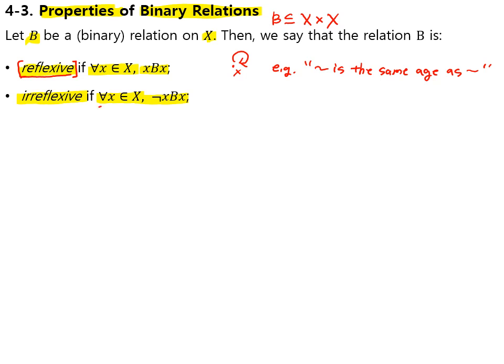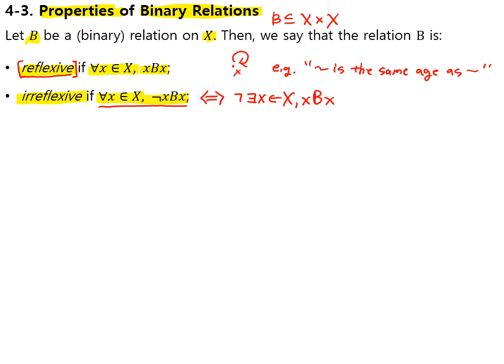For every element, it is not the case that X bears the relation to itself, but as we have seen, this is logically equivalent to the statement that it is not the case that there exists an element in X such that X bears the relation to itself.